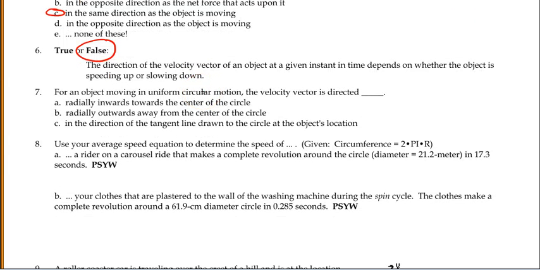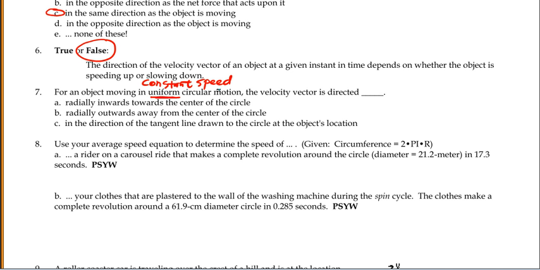Now, if the object is moving in uniform circular motion, uniform in this case means the same, stays the same. The thing that's staying the same is the speed. So uniform circular motion means we're moving around the circle with a constant speed.